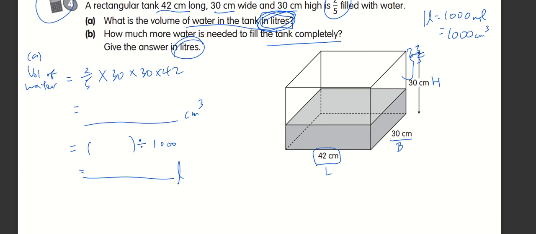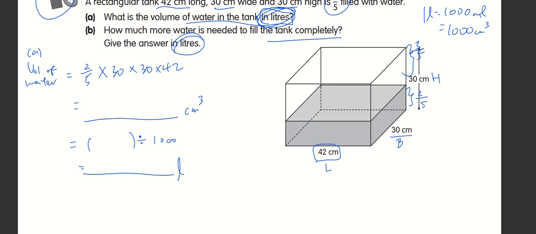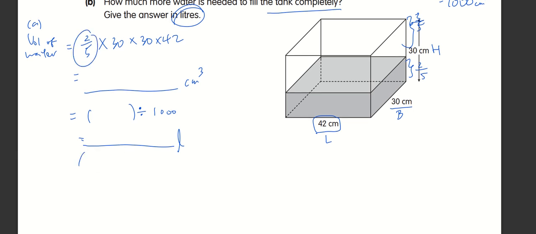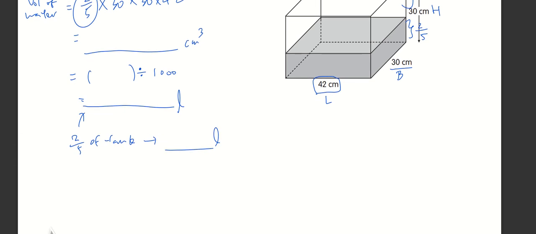With that, can use the unitary method to solve actually. So knowing that this is 2/5, this value here, this is 2/5 of the tank, is this amount of liters. So I can find 1/5 will be this value divided by 2.